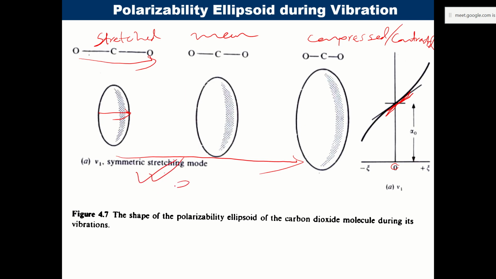So this is Raman active, because d alpha by dq, which is showing here, is coming out to be a positive, non-zero value.